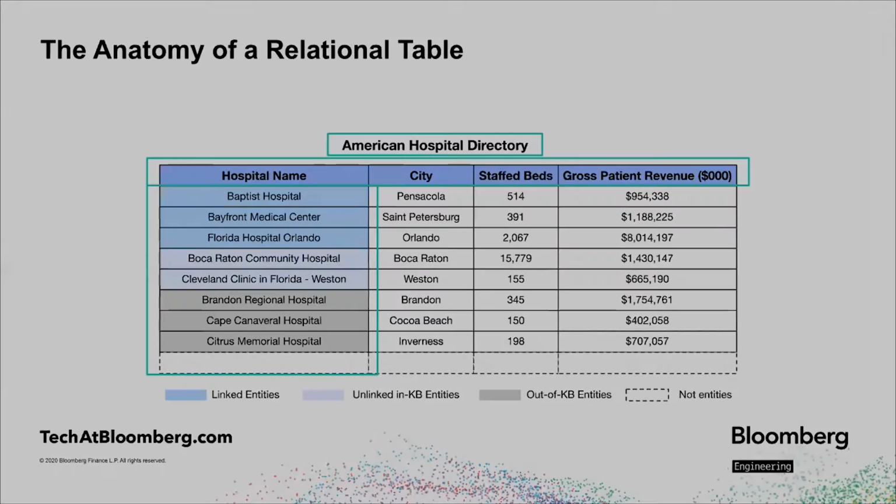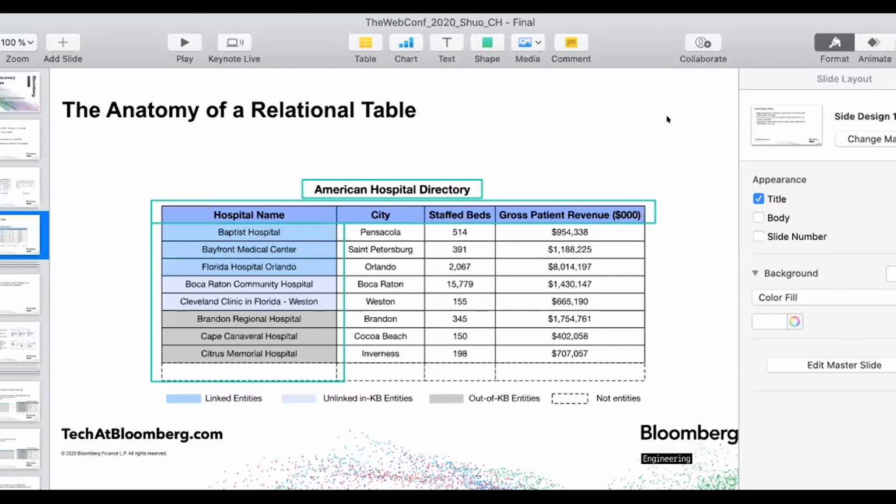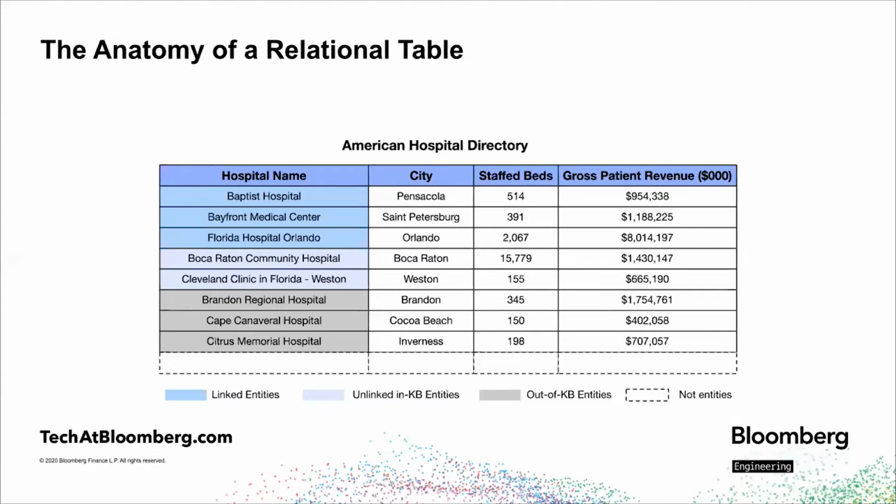Now let's take a closer look at the colors here. In Wikipedia, if you work with Wikipedia tables, they have already presented the results for entity linking, because you can easily find the redirects for any mention that has a corresponding Wikipedia page. But web tables are raw tables, so we need to do entity linking for these entities.